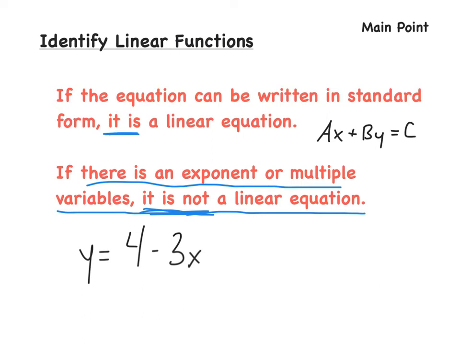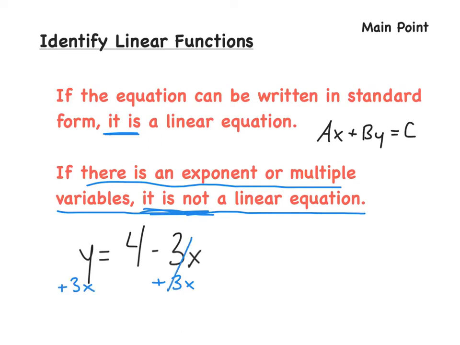So if we're looking at what we have, y is already on the left side. We want to move this 3x over to the left side as well. If we have minus 3x, the opposite is to add 3x to both sides. So these will cancel.